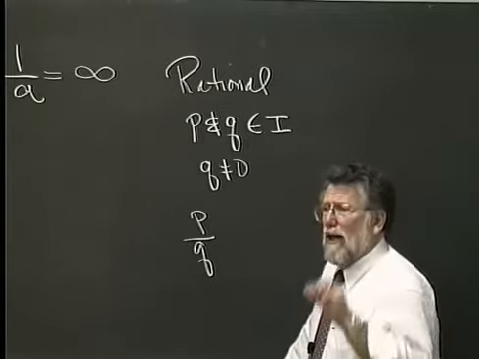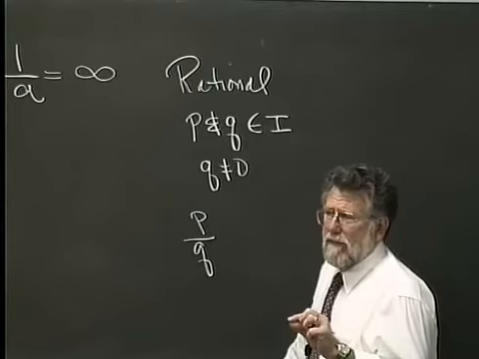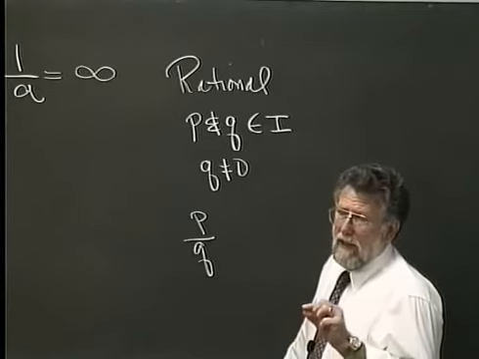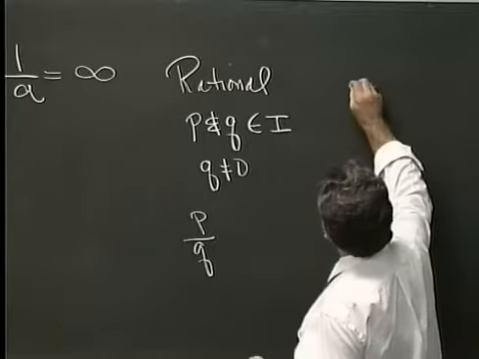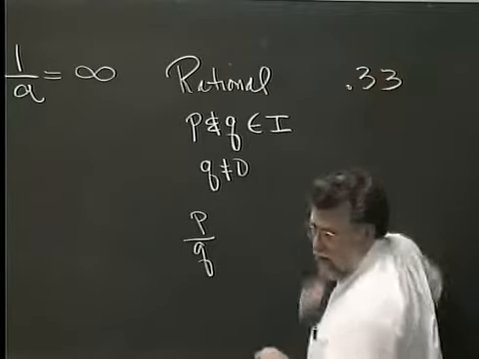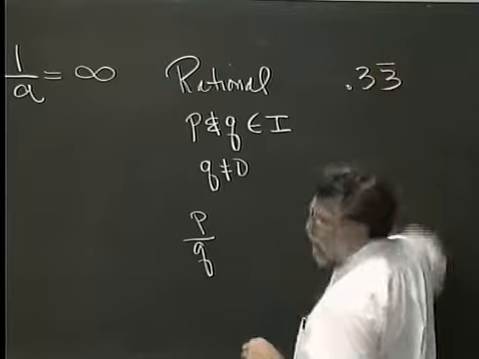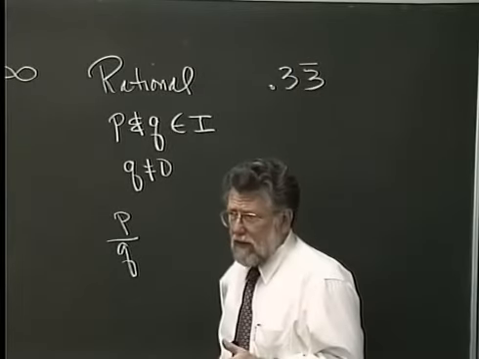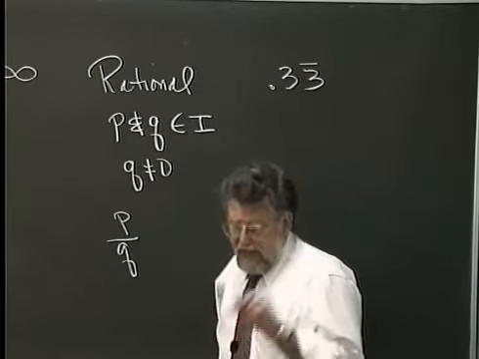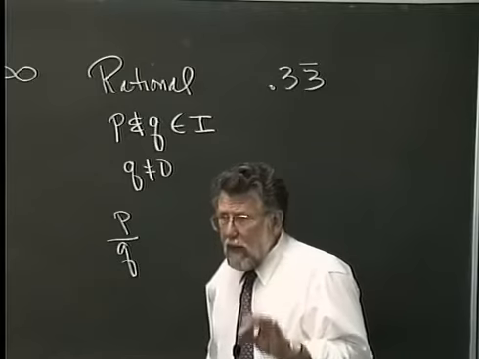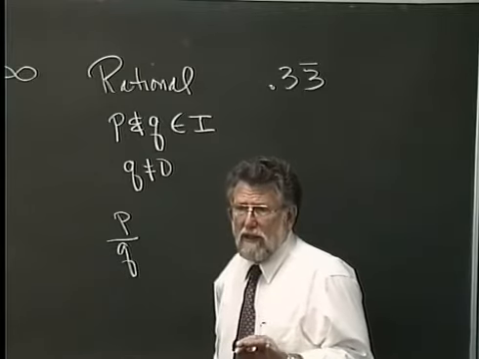So what is an irrational as a decimal? Be careful. What was talked about here as a rational was 0.33 forever. One way of writing that is putting the little line over the 3 and letting it go forever. So that's still rational. But an irrational, what does it tell us?